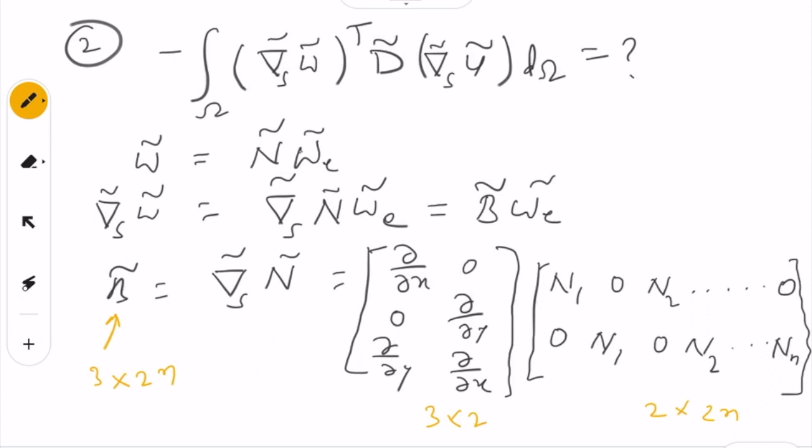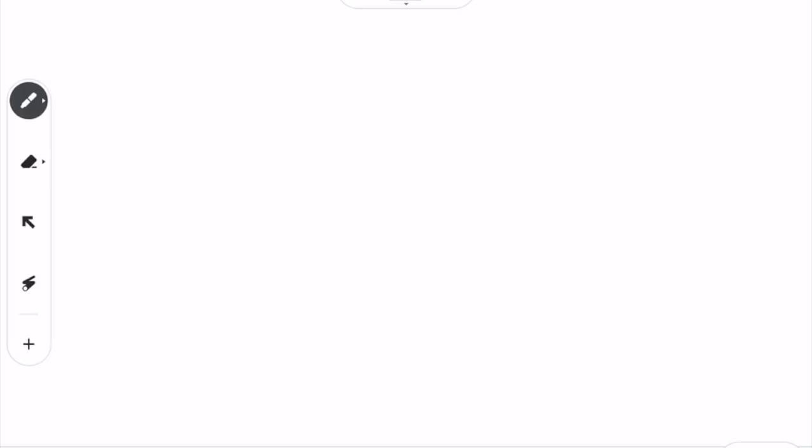We can actually write how the B matrix will look.